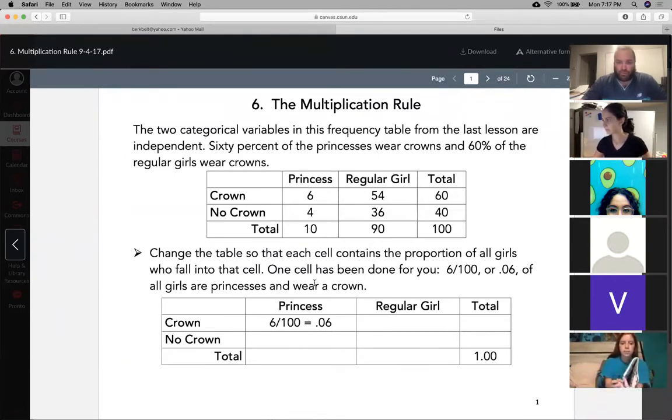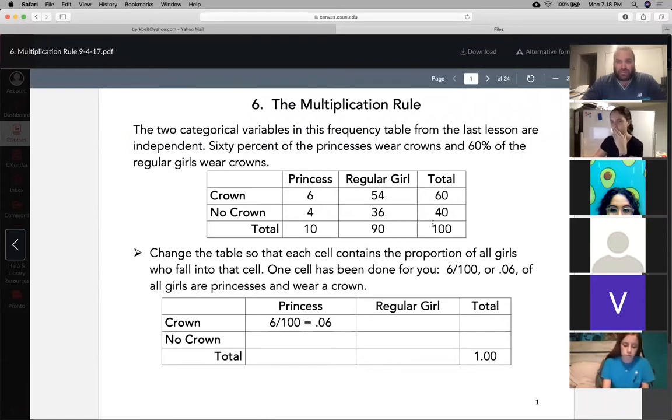So we're making a new table here where rather than putting in the actual numbers, we're putting in the percents. But we're not going to put in 60% because this table is not about the princesses, although we'll get to that later. This table is out of the 100 total girls that we have.